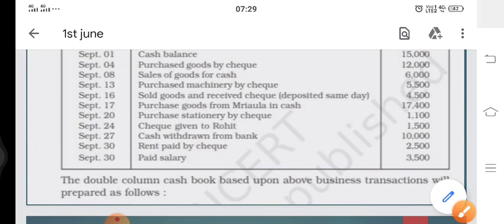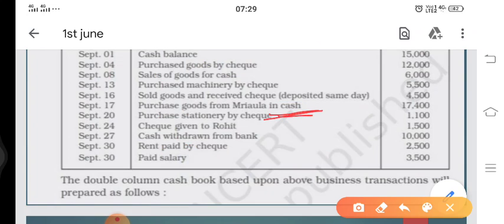But here we are told that we purchased goods from Mridula but in cash. Now the name of Mridula is just information which is of no use. Since we purchased goods and we paid cash, it wouldn't have made any difference if we had purchased these goods from someone else also.